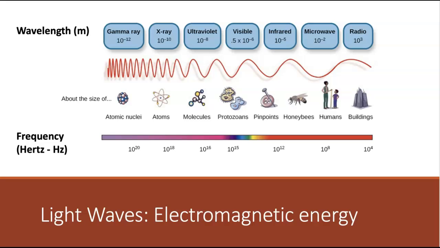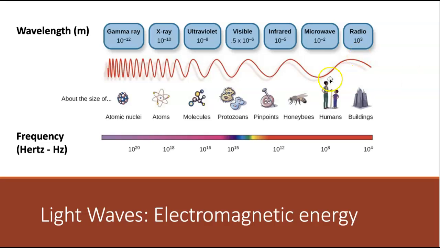Now, light is a form of electromagnetic energy, and as you can see here, there are various types of electromagnetic energy, all the way from gamma rays down here to radio waves at the end. And what distinguishes all of these is their wavelength. So that's what you can see here. Gamma rays have a much shorter wavelength. Radio waves have a much longer wavelength.